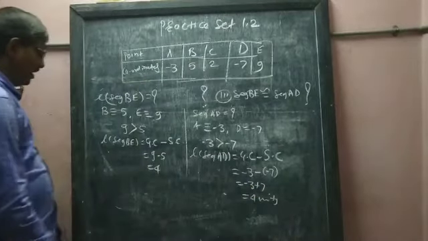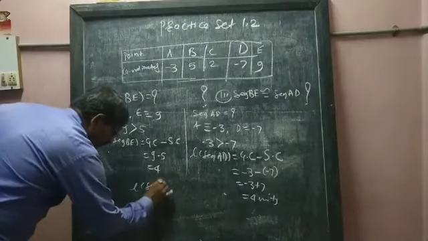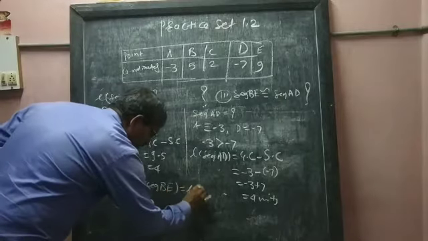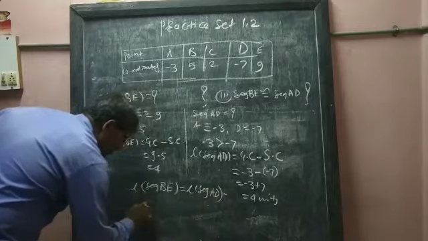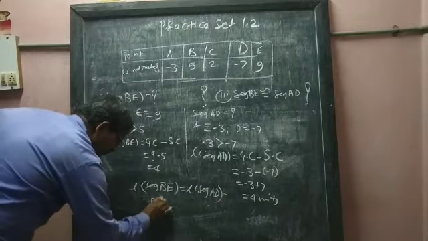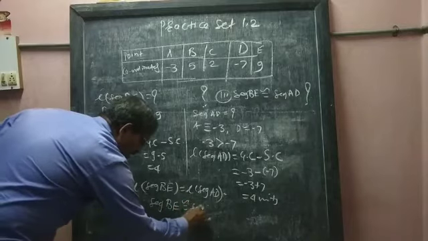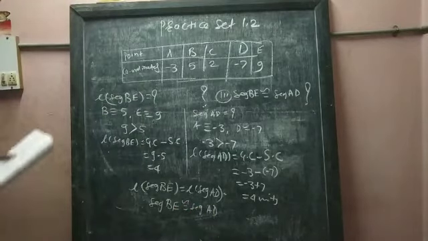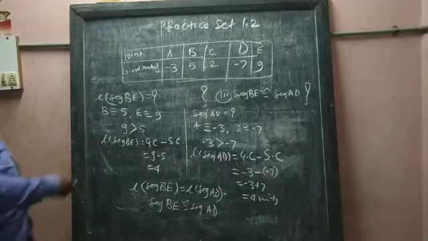So length of seg BE is equal to length of seg AD. Therefore, seg BE is congruent to seg AD. Similarly you can solve the remaining part of question number 1.